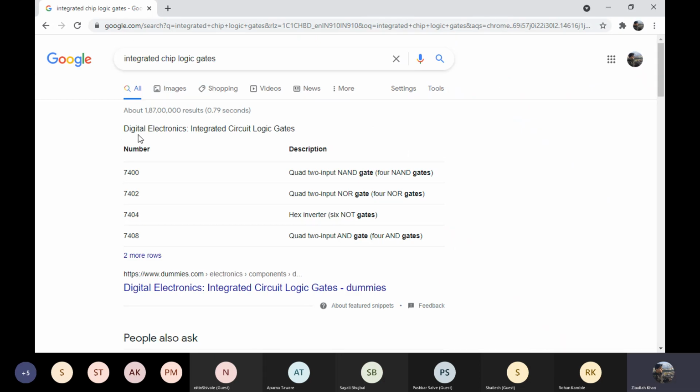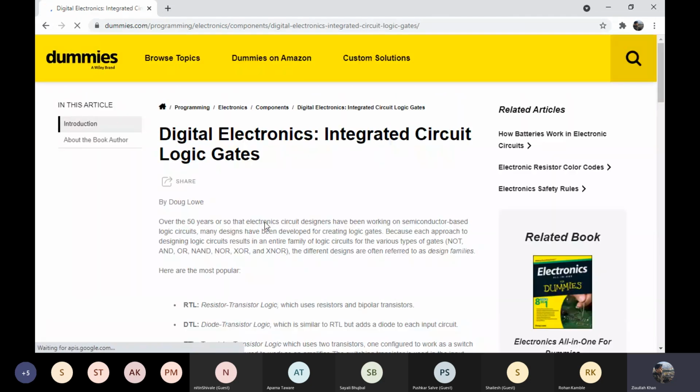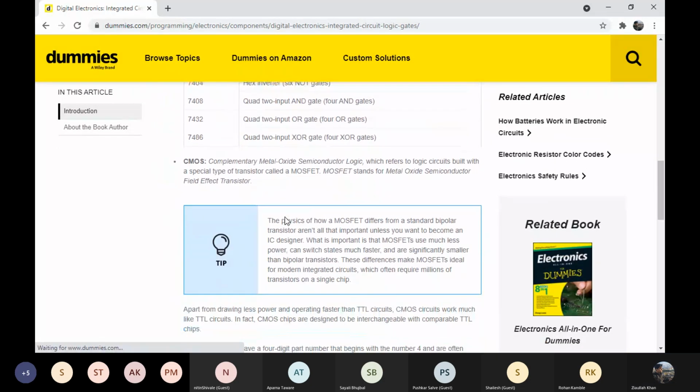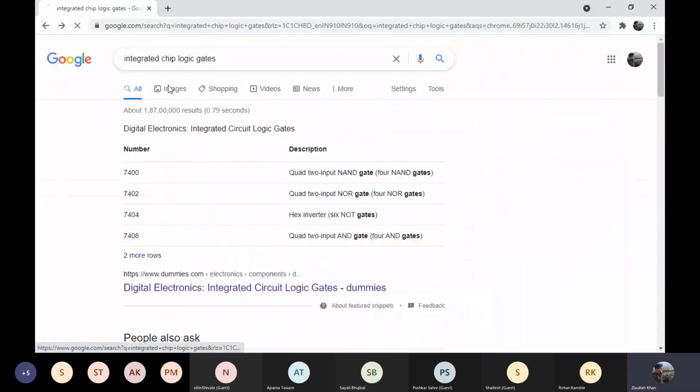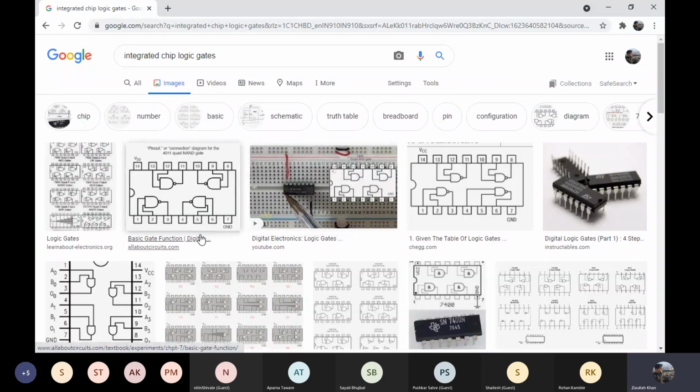All right, so there is a chip available in the market, probably number 7400, which is NAND gate. 7402 is for the NOR gate. I'm looking for other chips actually. Let me go search for a few images.